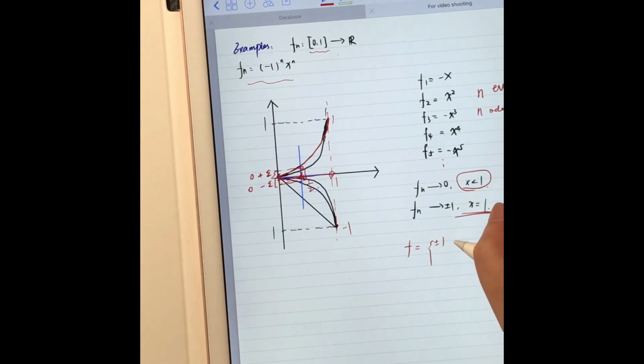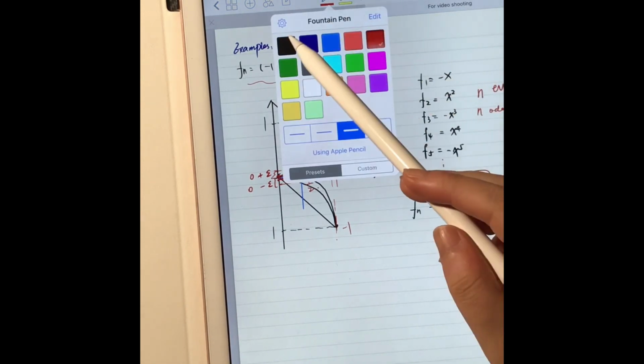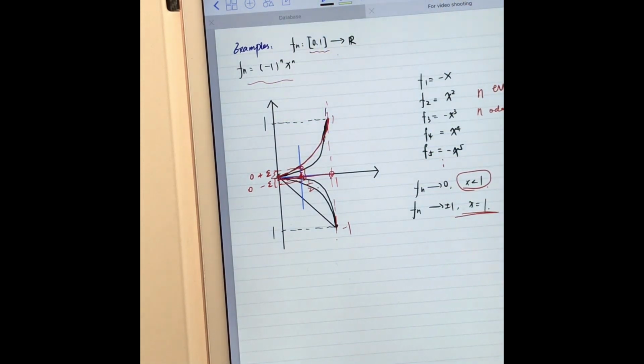It is not even a function. If it is a function, when x equal to 1, it must have only one value. So I don't think this is a function at all. So obviously it cannot be uniformly convergent, right?